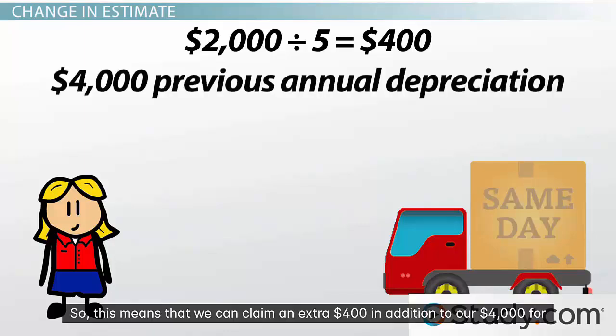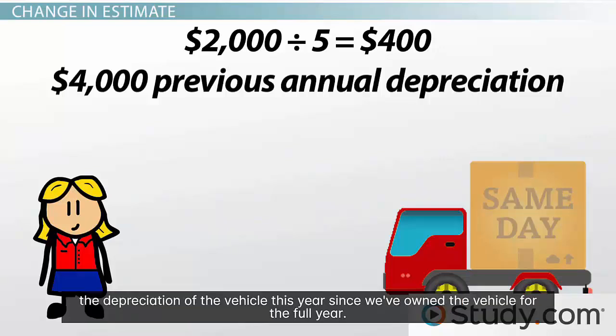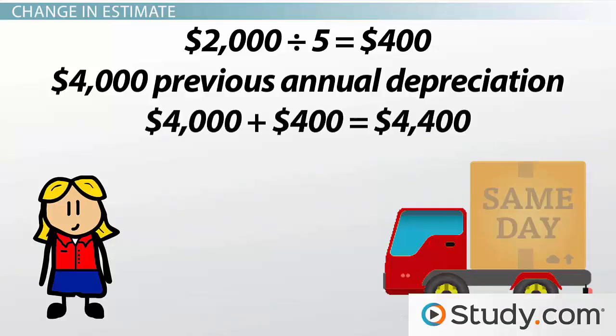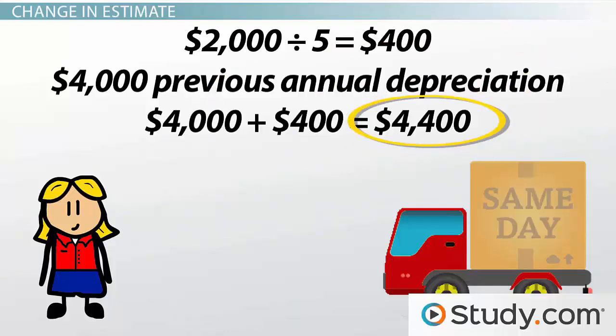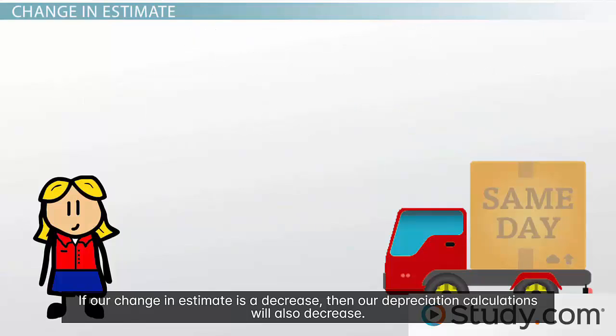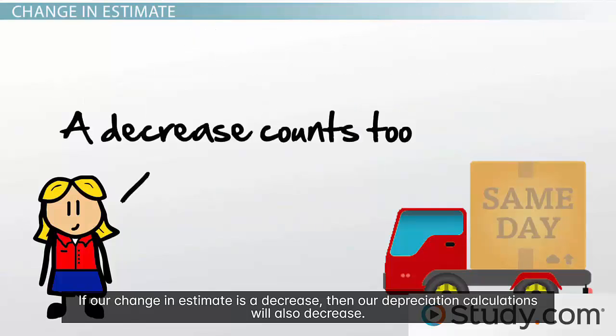So this means that we can claim an extra $400 in addition to our $4,000 for the depreciation of the vehicle this year, since we've owned the vehicle for the full year. So our depreciation for year 5 is $4,400. If our change in estimate is a decrease, then our depreciation calculations will also decrease.